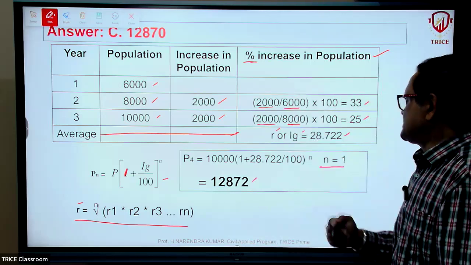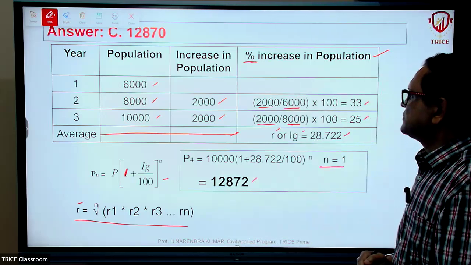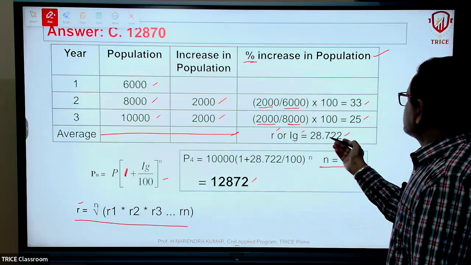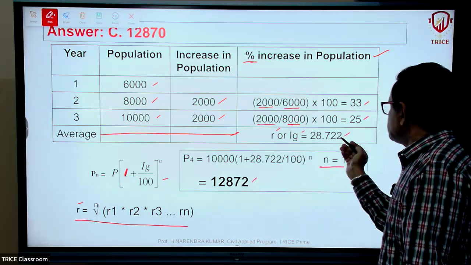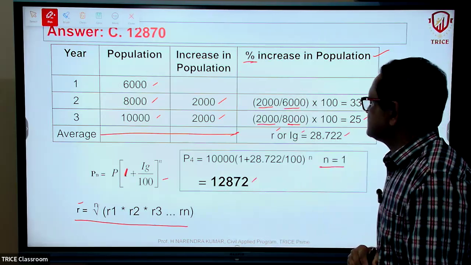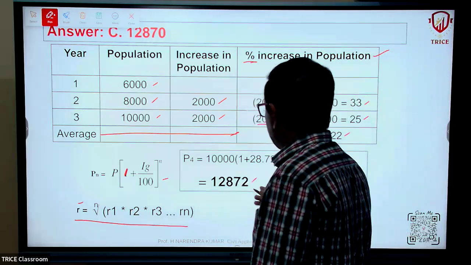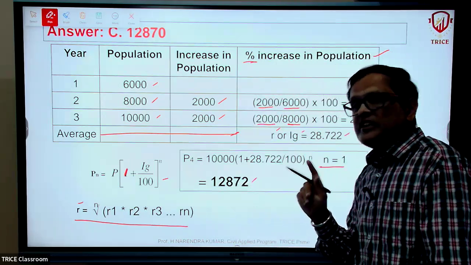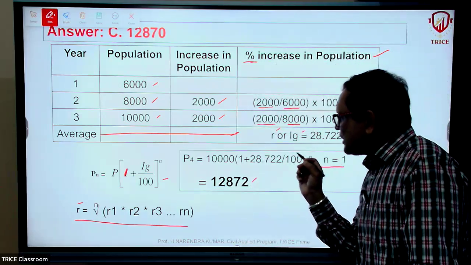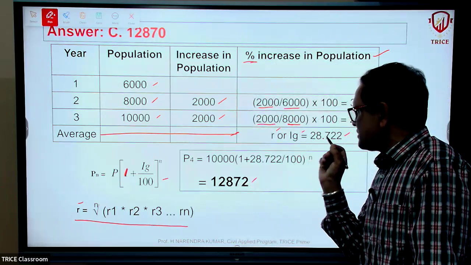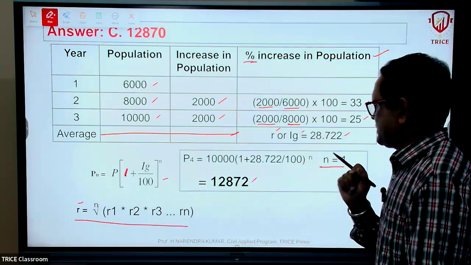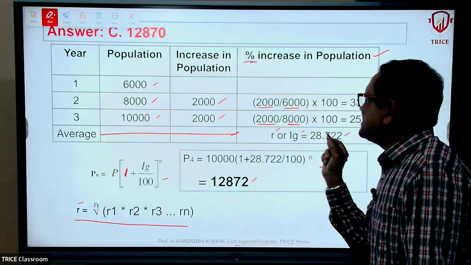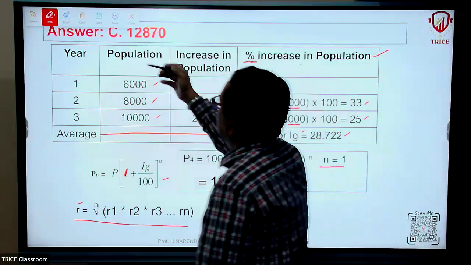It is 12,870. They may take 28.72 by leaving this, but I am taking 3 digits after the point. In population forecasting problems, there will be a little variation in our answer with respect to the answer given in the problem statement, so we need to choose the nearest value. That's all.